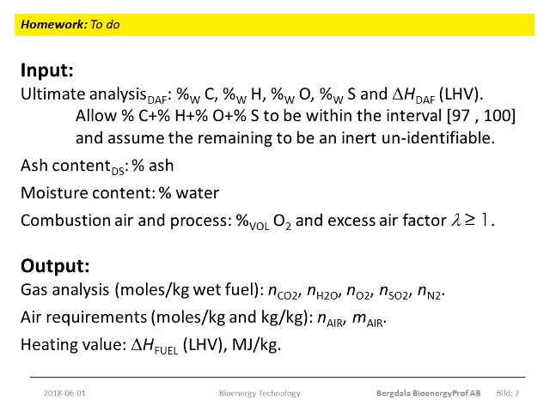So what you shall do now is to produce a computer tool into which you can feed a fuel composition, the ultimate analysis of the dry, ash-free substance, allowing for a bit of inert ballast, the ash content, the moisture content, the lower heating value of the dry, ash-free substance, the oxygen content of the combustion air, and the percentage of excess air.